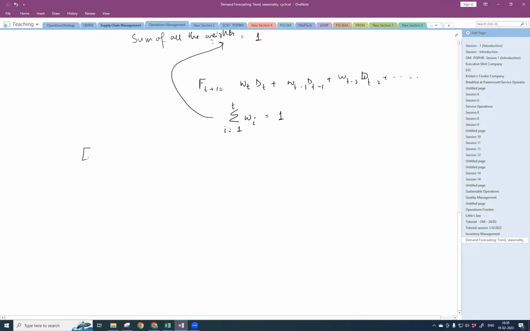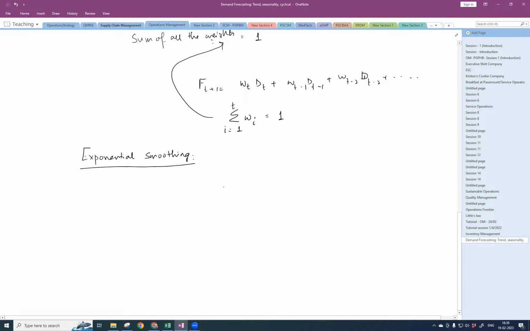Now, in exponential smoothing, as we discussed in class, the concept converges to the naive approach, a weighted moving average, or a simple moving average just by changing the value of alpha.